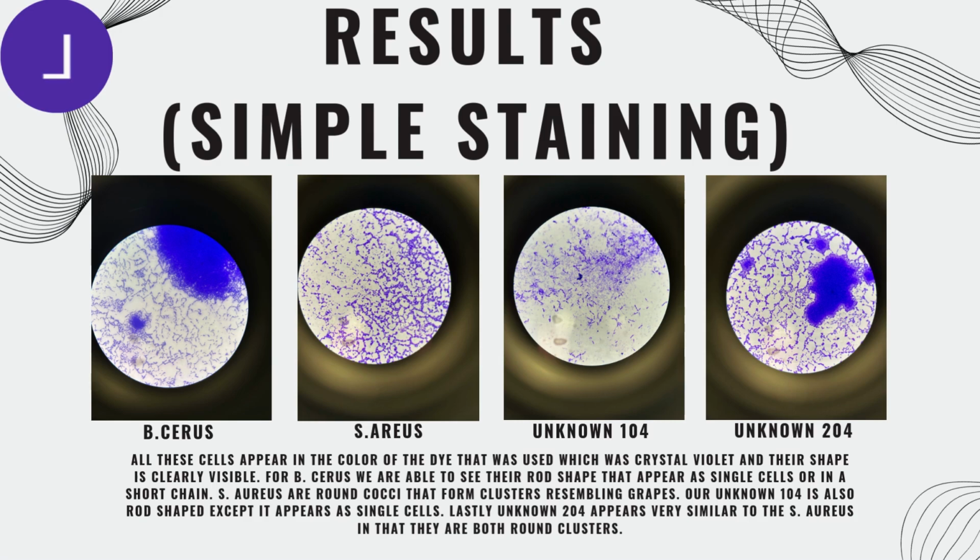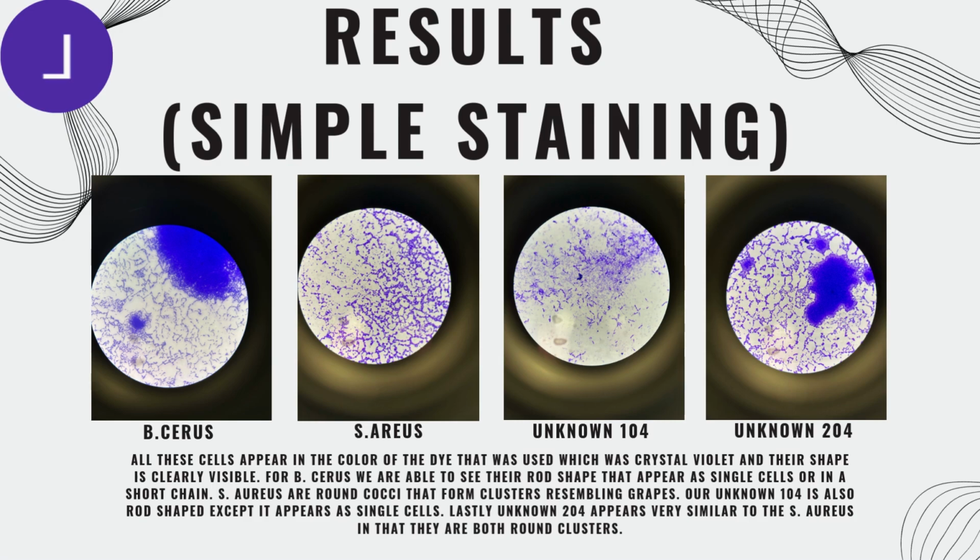We can see that our B. cereus has a rod shape that appears as single cells or in short chains. If you zoom in, you can see a little bit more of what I'm talking about. Also, the S. aureus, you can see that they're round cocci that form clusters resembling a grape-like structure. And you can also see that our unknown 104 also has rod shapes.